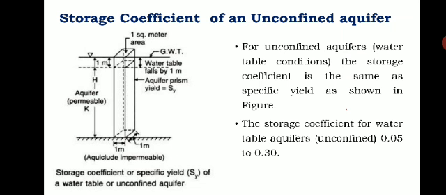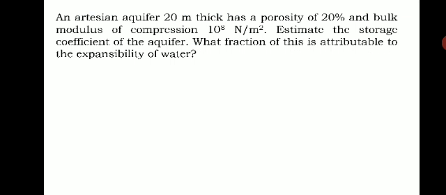Here the value of the storage coefficient for a water table aquifer, that is an unconfined aquifer, ranges from 0.05 to 0.30.